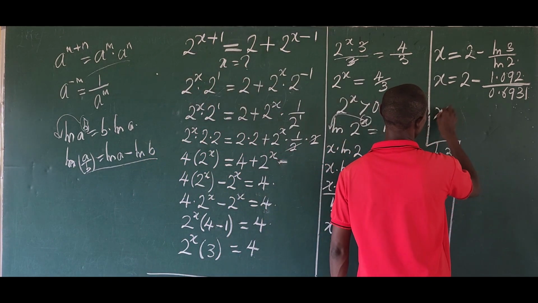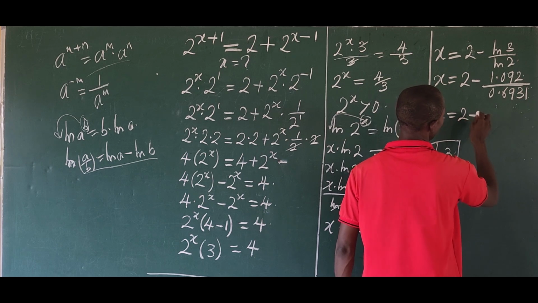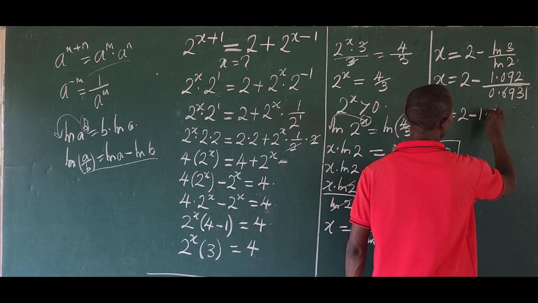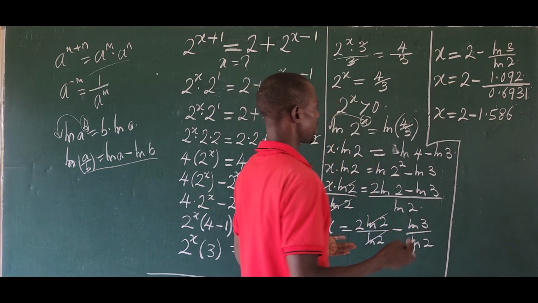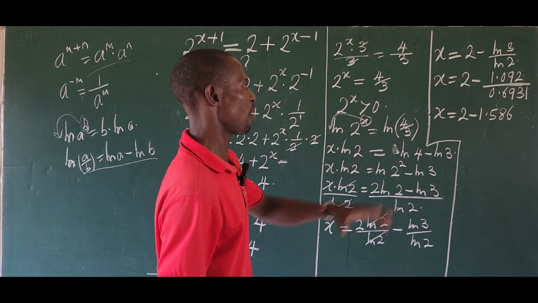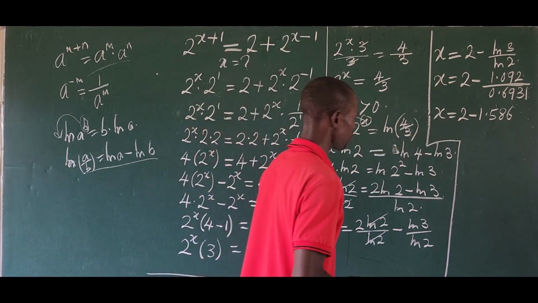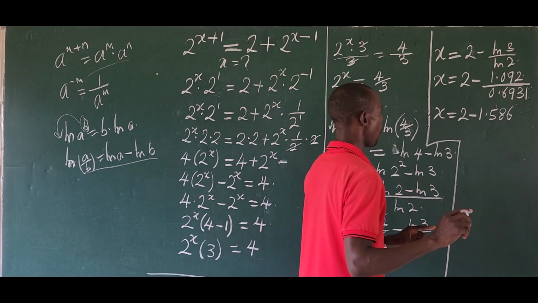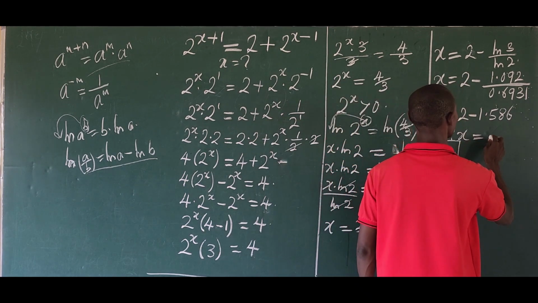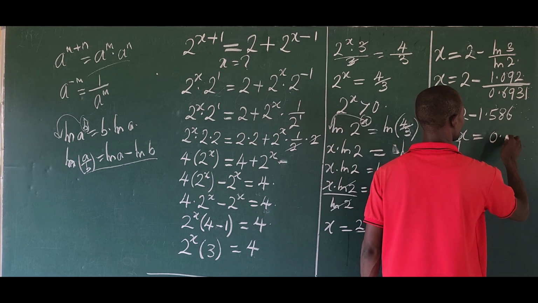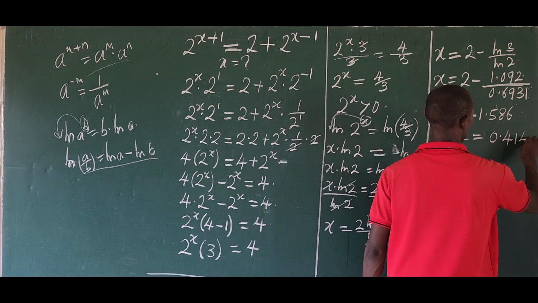So we have x equal to 2 minus 1.586. Easy. What if we subtract this now? What will this give us? It's going to give us 0.414. So we have, therefore, x equal to 0.414.